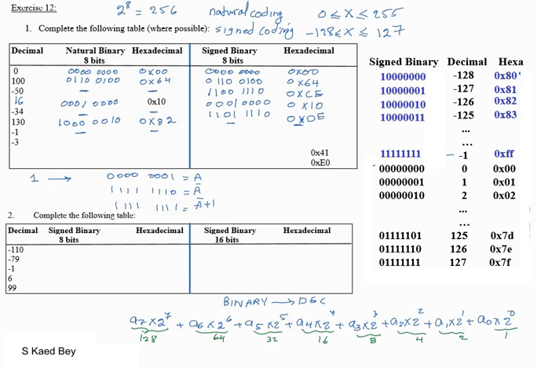So the negative one is simply 8 ones. In hexadecimal, this is FF, because the first 4 bits represent an F and the second 4 bits represent another F.